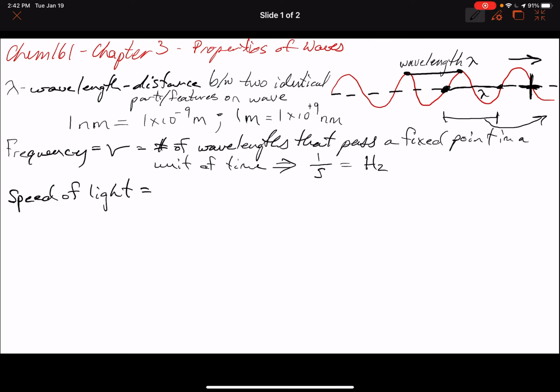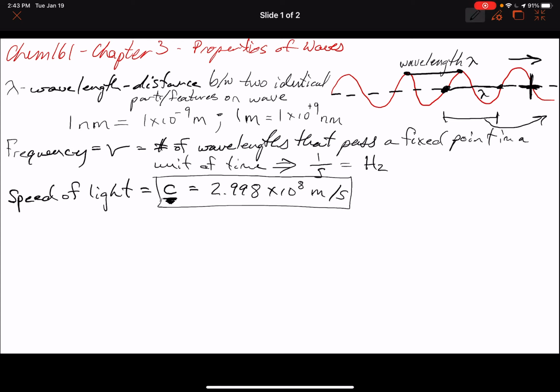And the symbol used here is lowercase c. And we'll see that this lowercase c is a constant for the speed of light, and it is known to be 2.998 times 10 to the 8 meters per second. Okay, so this is a constant that we need to memorize for the speed of light.